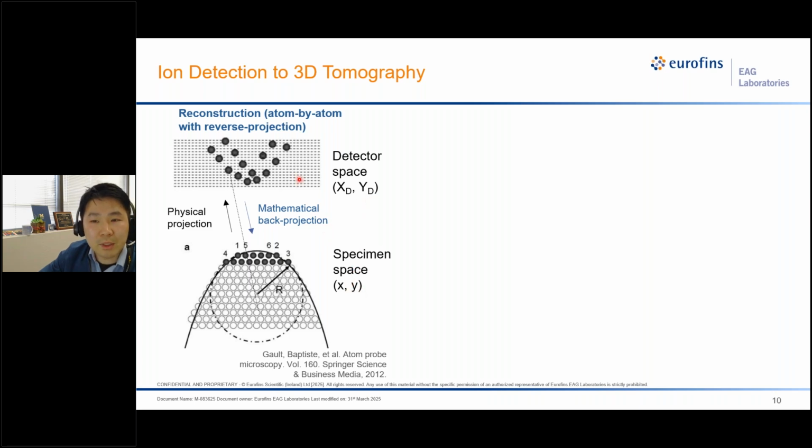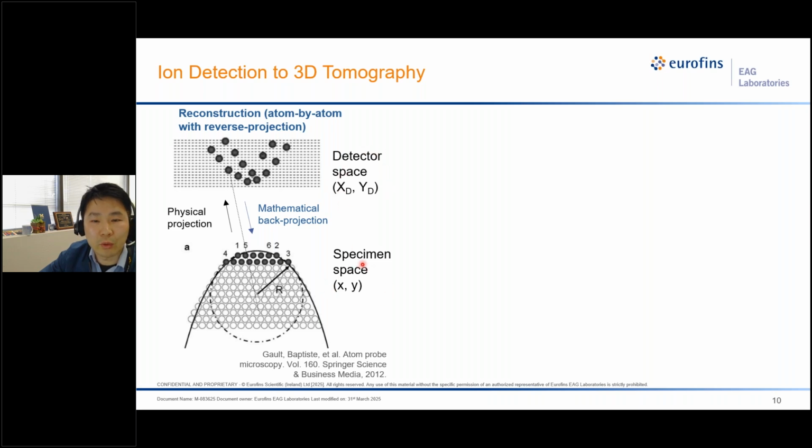And the depth coordinate is calculated from the sequence of arrival. This calculation involves several parameters like the magnification, tip radius, angular field of view, detector efficiency, and atomic volume.